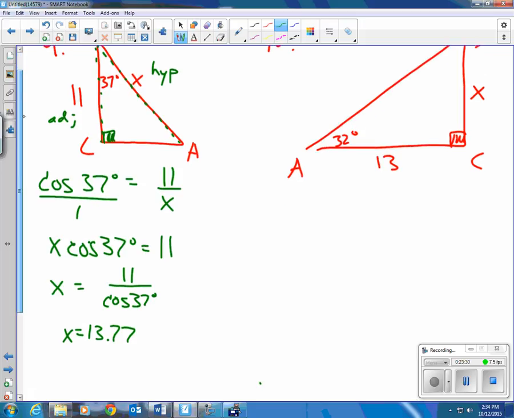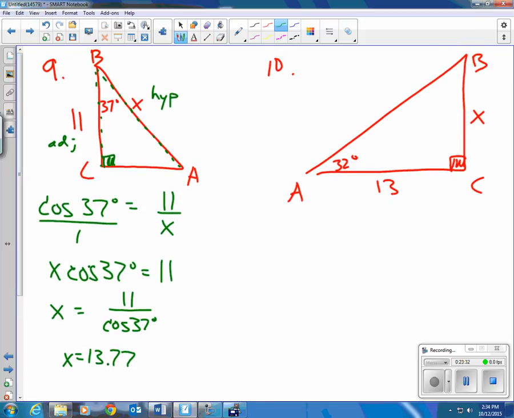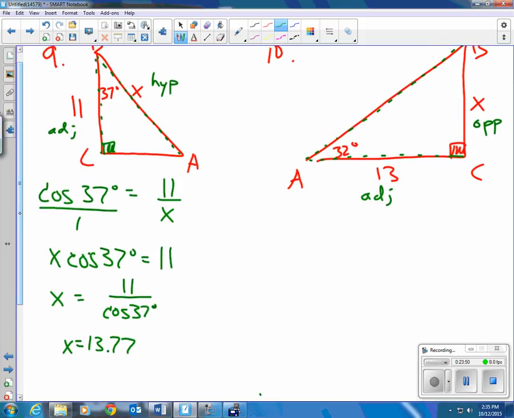And then finally, number 10, I'm going to outline my angle. Okay. What side is 13? Adjacent. What side is x? Opposite. Okay. Sine, cosine, or tangent? Tangent. Tangent of what?